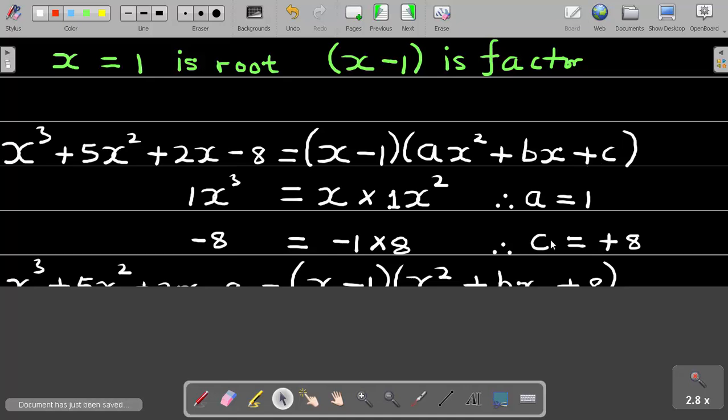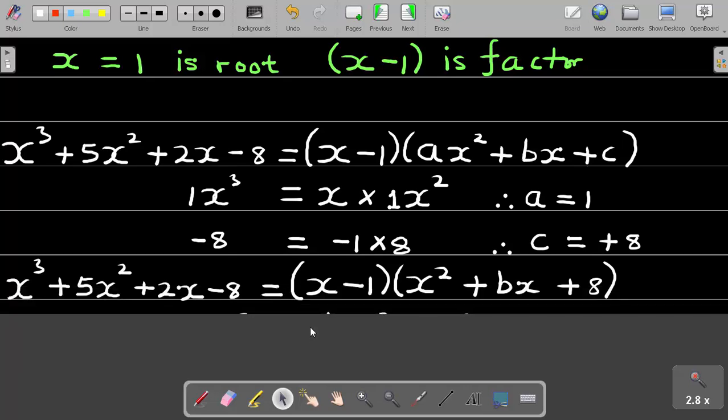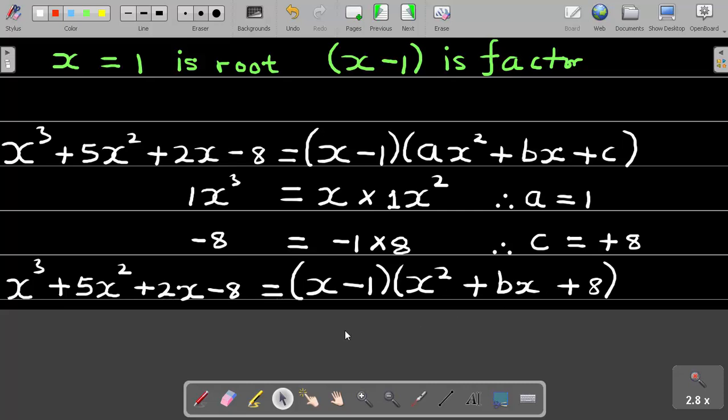So my c is going to be positive 8. After getting a and c, I have to get my b. So I first write it like this. Now I'm going to say that x cubed plus 5x squared plus 2x minus 8 equals x minus 1 into 1x squared plus bx plus 8. So my task now is to find the value of b.